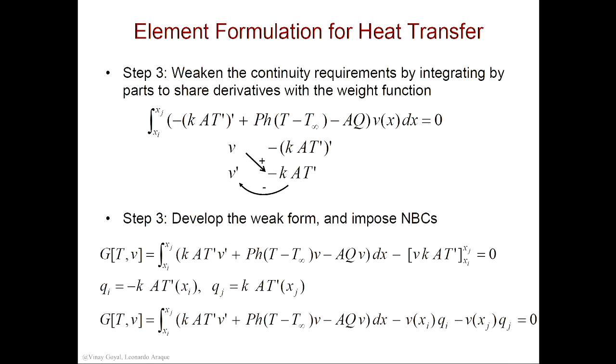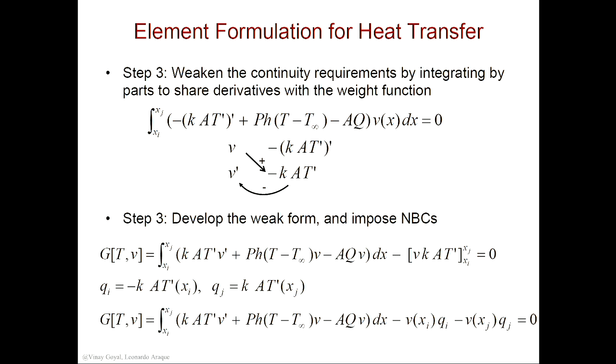I put the v here, and I carry the minus sign so I don't forget it. Carry it again, remove one prime, put it over here, plus, minus. This goes inside the integral, so minus times minus is plus. Everything else gets transferred very quickly. And then I have this boundary condition here, v times k a T prime. I keep the minus signs so that when I bring this to the other side, it's positive.